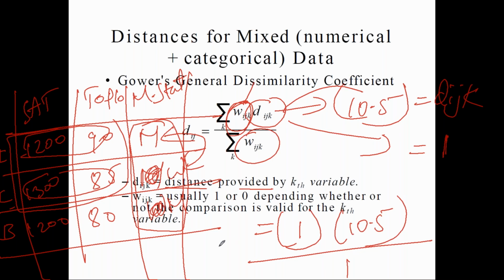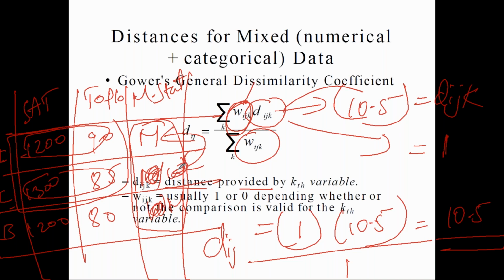What is your answer? It is just 10.5, because 10.5 divided by 1 is 10.5. This is the distance between Caltech University and Cornell University.